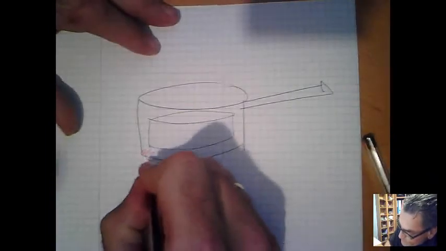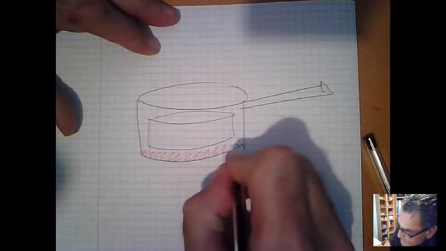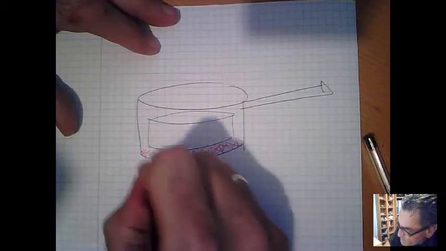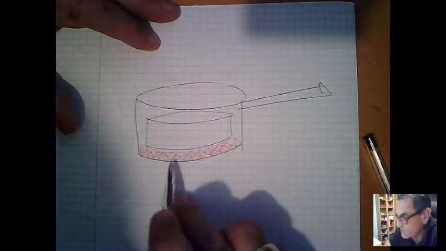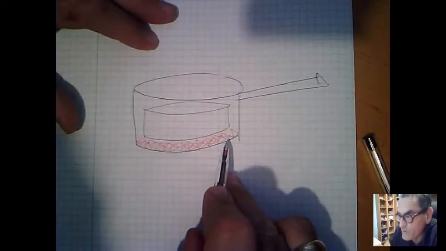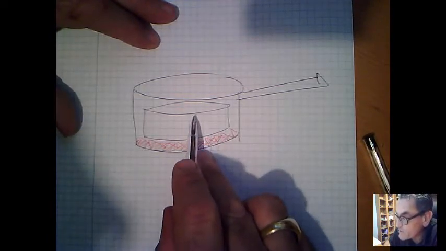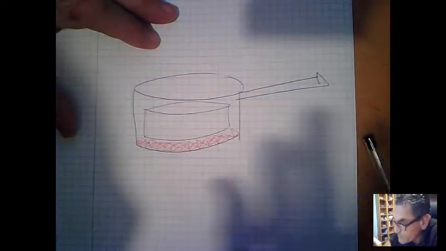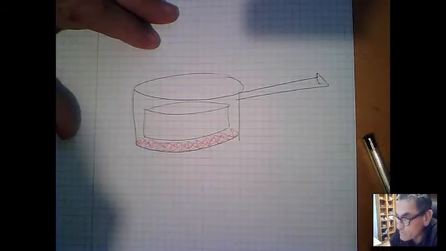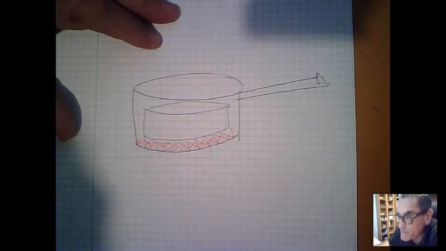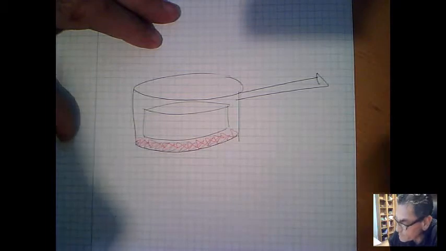Well, the bottom of the pan is going to become very warm. It's going to become much warmer than 100 degrees, by the way. So it's going to transmit heat to the water, but the water is not going to go higher than 100 degrees because water boils at 100 degrees.